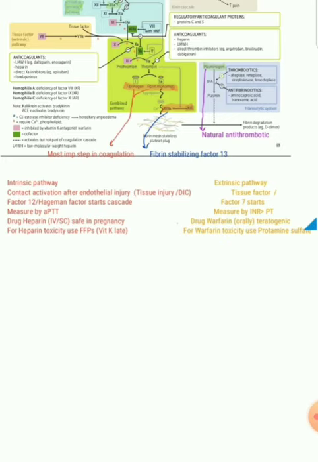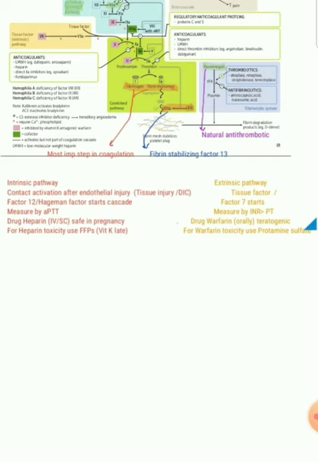So whenever they say that we measure the extrinsic pathway, we measure it by PT, we measure it by INR, and which factor is involved, factor 7 or tissue factor is involved, and the drug that increases PT or increases INR or is involved in the extrinsic pathway is warfarin, and warfarin is given orally and it is teratogenic.